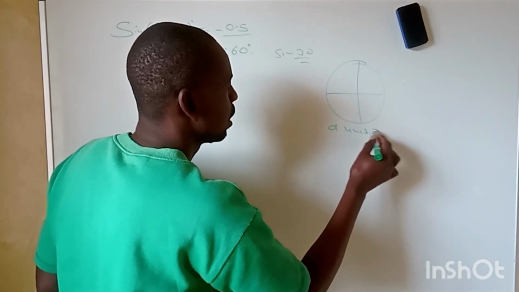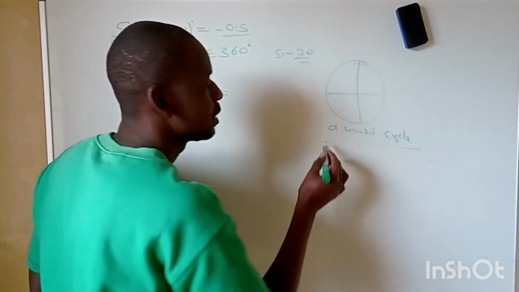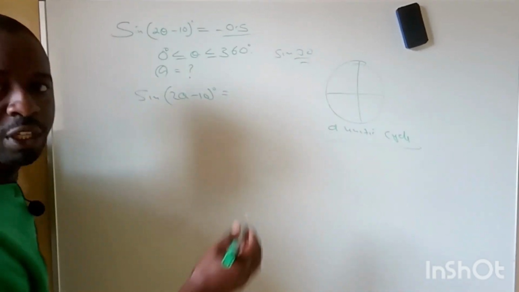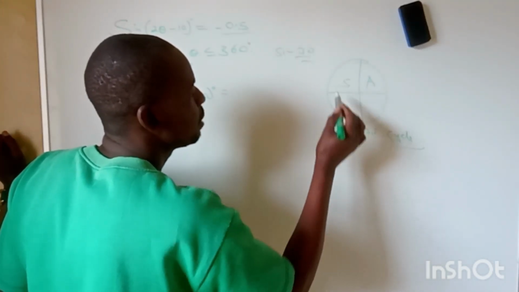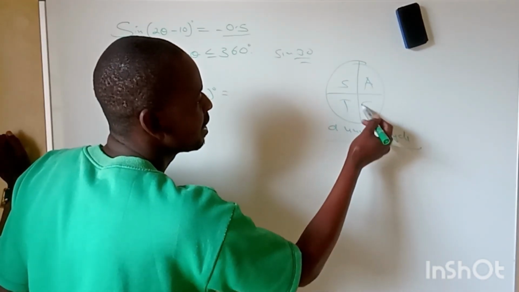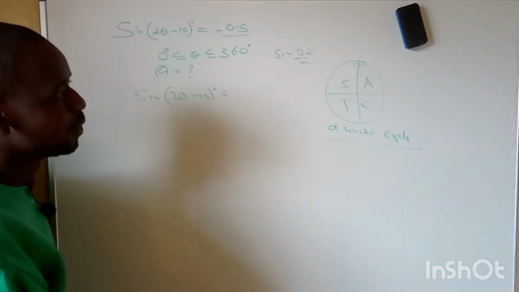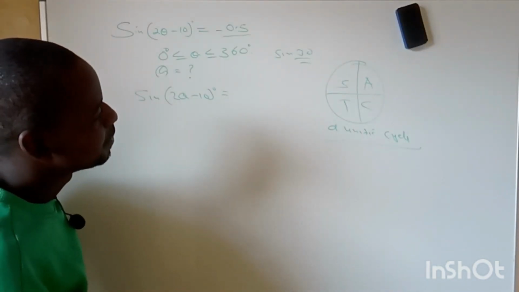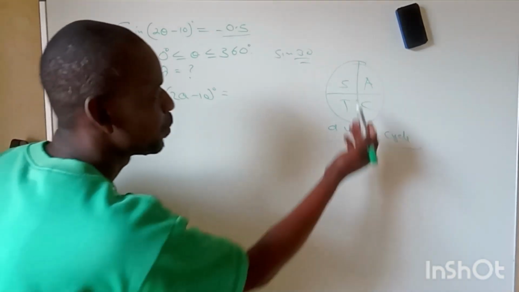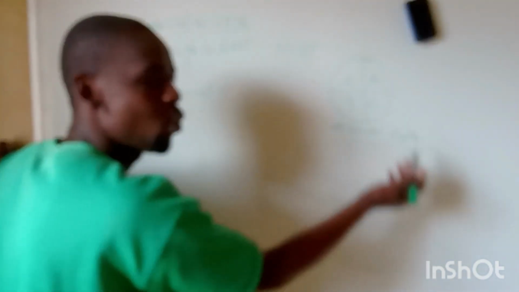So for you to get the answer, you are required to use a unit circle. In a unit circle, we have, let's say, "All Stupid Tigers Can...", or you can say "All Students Take Coffee".